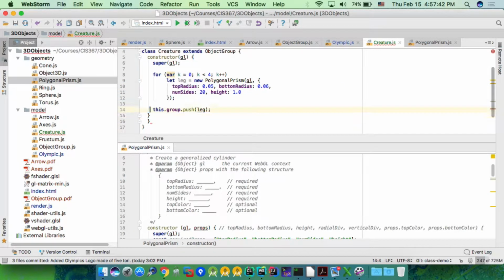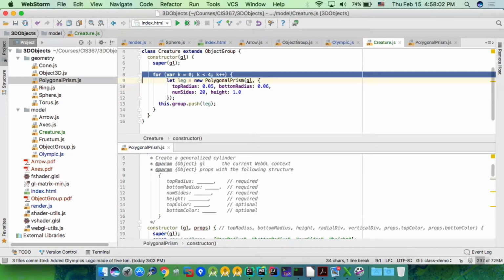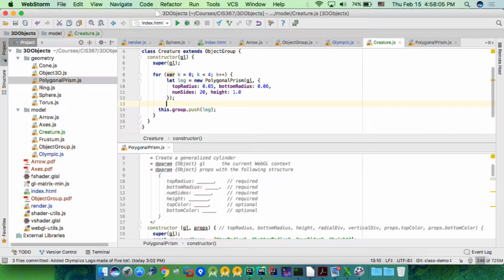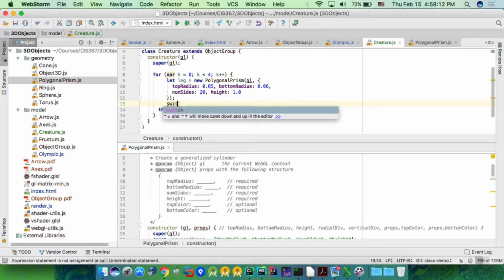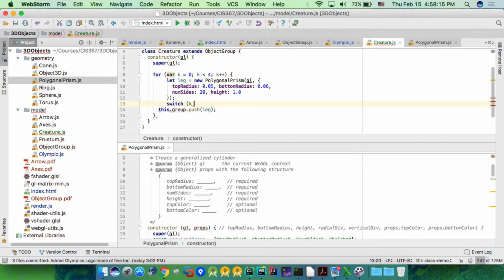Missing the opening curly bracket, so then the 4 legs, oops, are in the loop. Oh, but I need to shift it a different amount, right? That's not going to work. Yeah, we can. Switch statement? Yeah, okay. Switch K, yeah, I don't think this is a good idea.